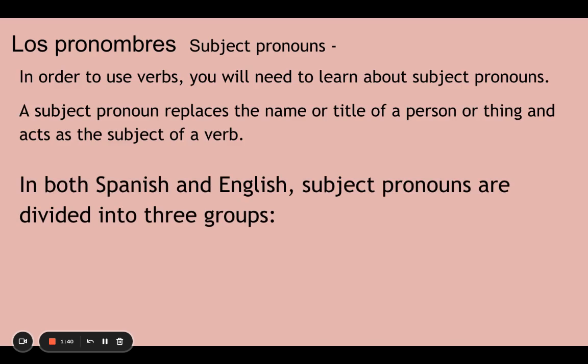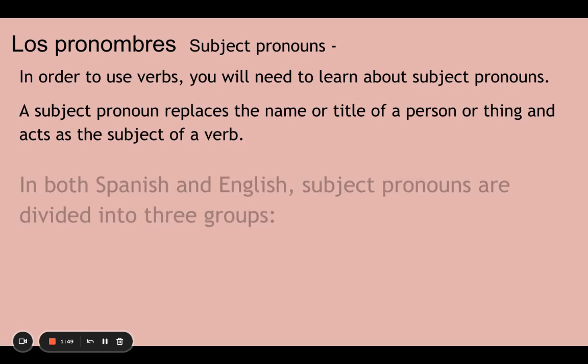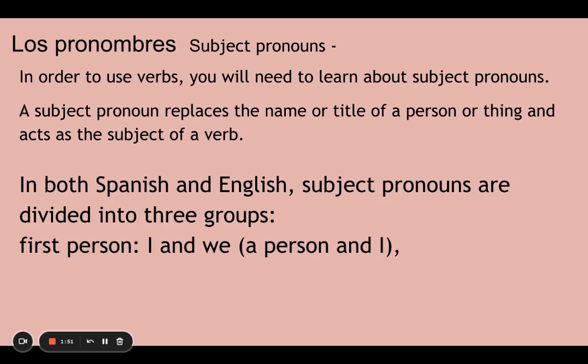Okay? In both Spanish and English, subject pronouns are divided into 3 groups. I and we, first person. I know that when you write in English, sometimes your English teacher says, do not write in the first and second person.